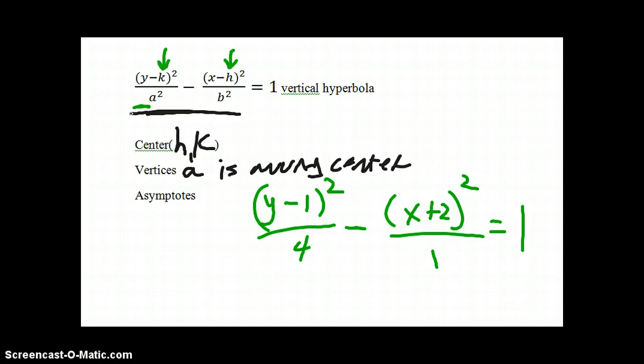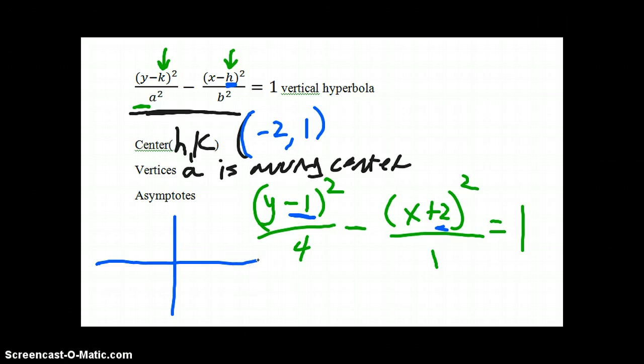So the center is still going to be in this example. Our center will be H, which is what's going with the X. If it's positive, it's negative. And the Y coordinate will be with the Y. If it's negative, it's positive. Okay. So we'll have a hyperbola that will have a center at -2, +1.